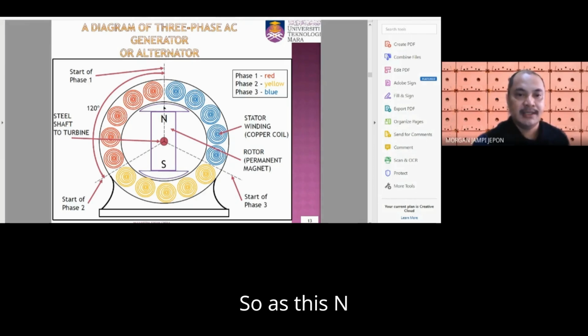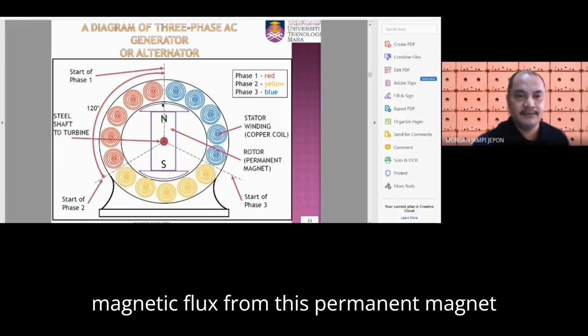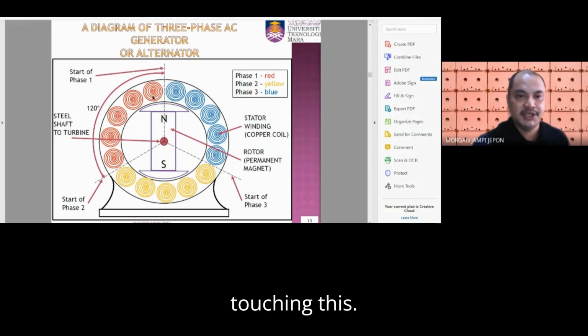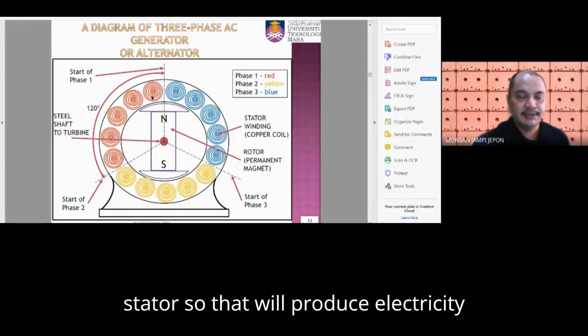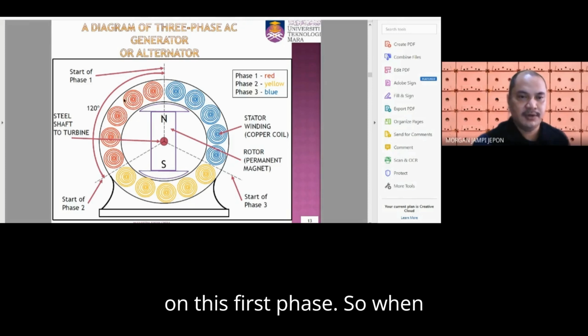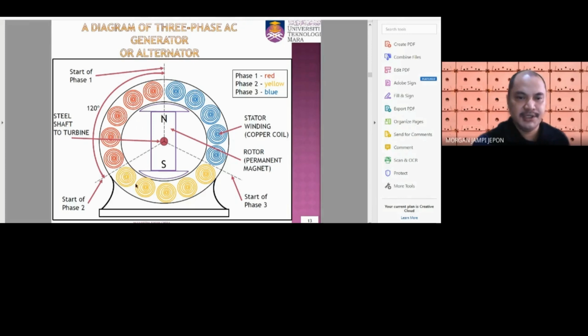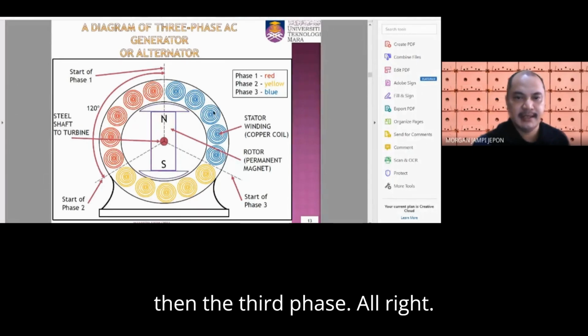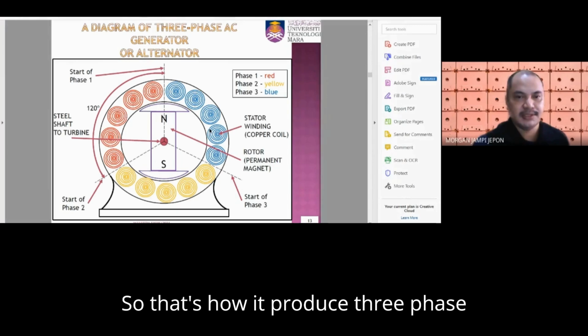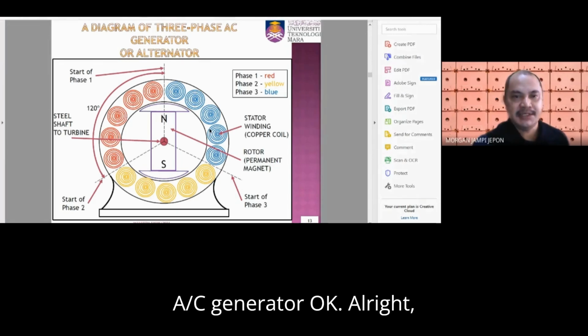As the north part's magnetic flux touches this part, in this case denoted by red color stator, that will produce electricity on this first phase. When the north part touches the yellow stator, that produces electricity on the second phase, then the third phase. That's how it produces three-phase AC generator.